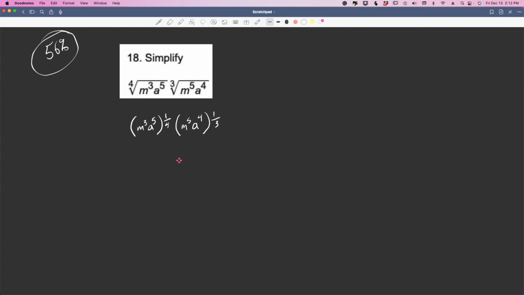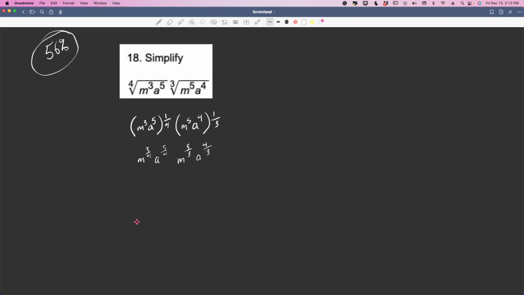Now we just multiply the exponents. So 1/4 times 3 is going to be m and 3 over 4. A to the fifth, 5 times 1/4 is just going to be 5 over 4. All right, 1/3 times 5 is going to be m and 5 over 3. And then 4 times 1/3 is 4 over 3. Easy peasy.